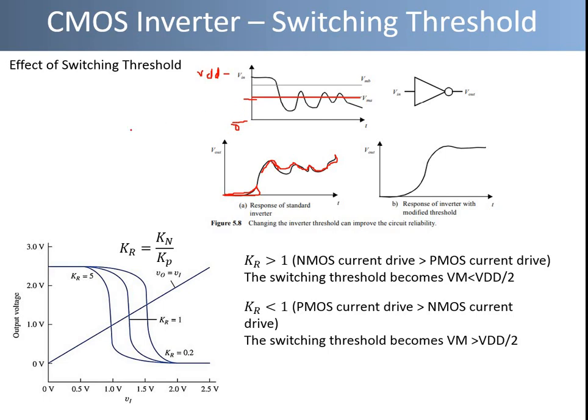Now let us design an inverter in such a way that its switching threshold is slightly higher. For example, it is not 1/2 times VDD, but let's suppose it is 3/4 times VDD. It is slightly higher as shown by this line. As a result of selecting this switching threshold, the inverter produces this output.